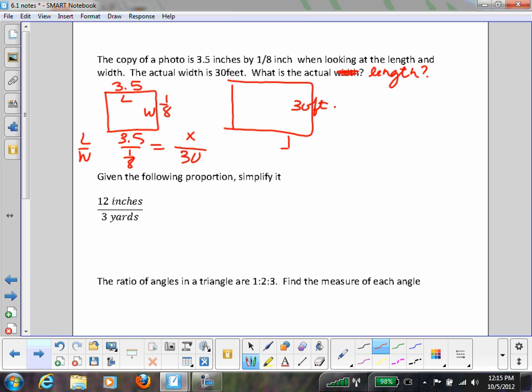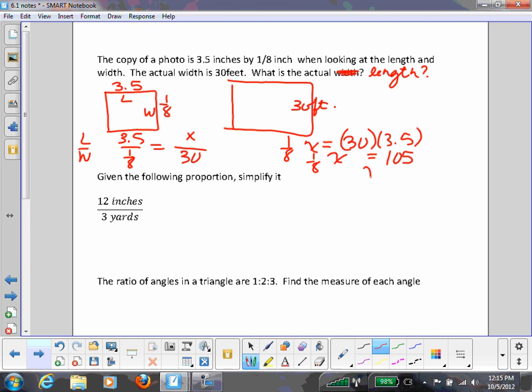And so I get 1/8 x is equal to 30 times 3.5, which is going to be 105. And that means x is equal to 840. Now, why would I take off a half a point if all you did was tell me 840?